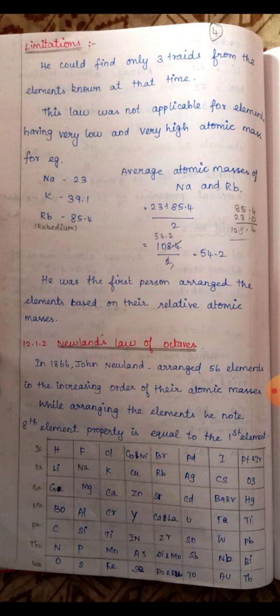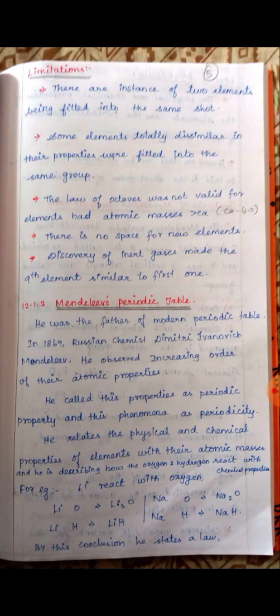In Newlands' law of octaves, he arranged the 56 elements in increasing order of their atomic masses and stated the law that the eighth element's property is equal to the first. In the limitations, there are instances of two elements being fitted into the same slot, cobalt and nickel.